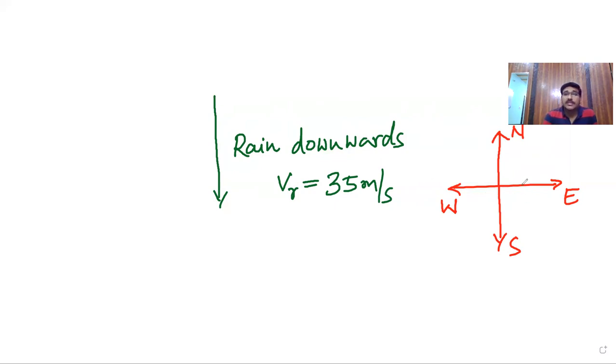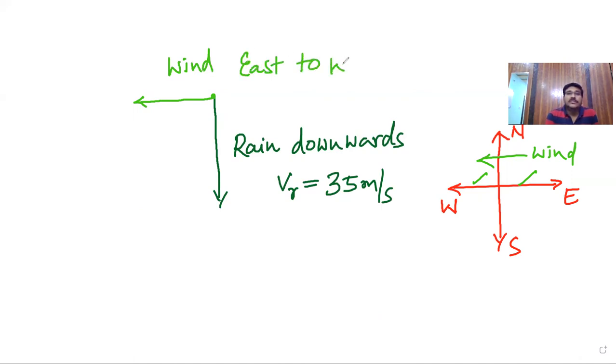Wind direction is east to west. So I take the origin here, and this is the east to west wind direction.